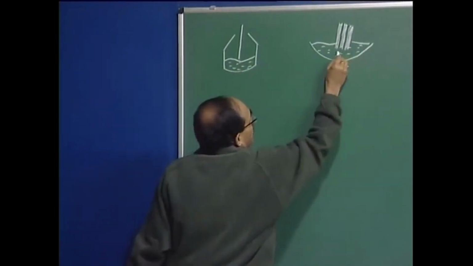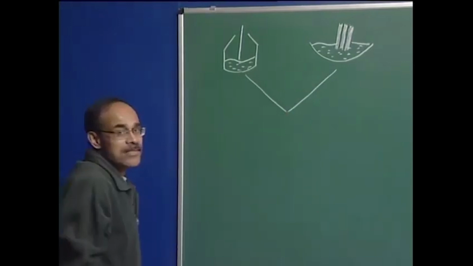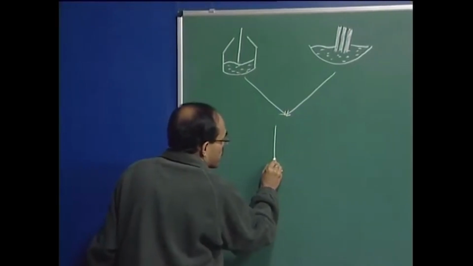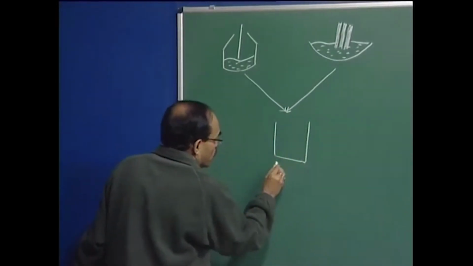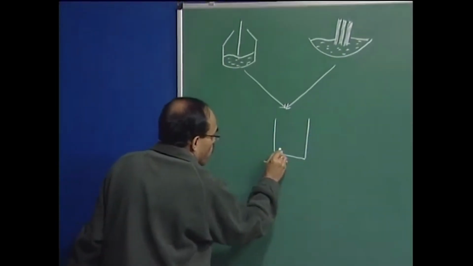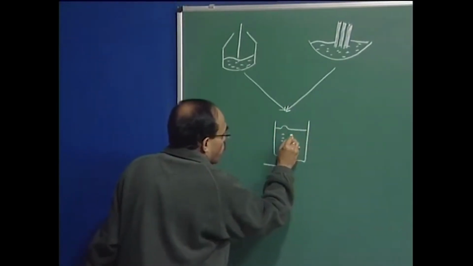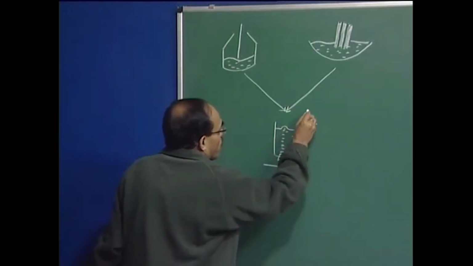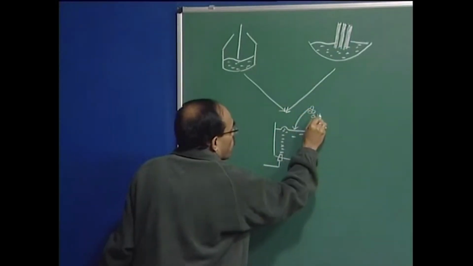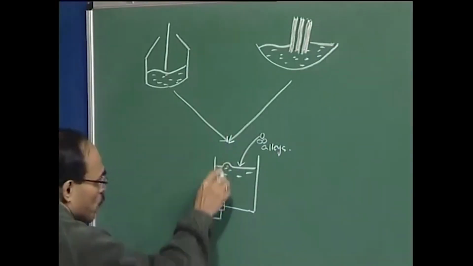So, we can produce steel through this, and then common to this primary steel making process is our secondary steel making, which is known as ladle metallurgy.